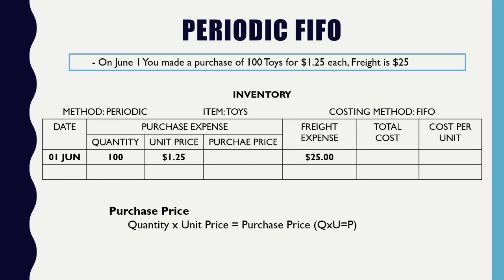So here I place in the date June 1st. I have my quantity of 100 and my unit price is going to be $1.25. Now in order to plug in my formulas, which I talked about earlier, purchase price is determined by quantity times the unit price, which is pretty straightforward.